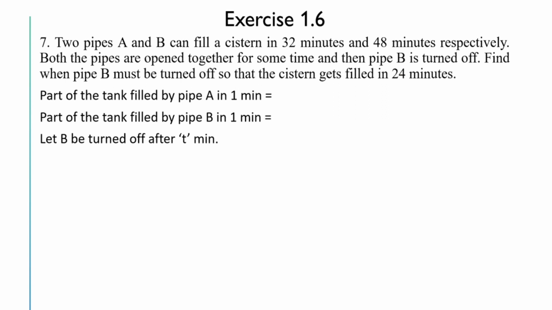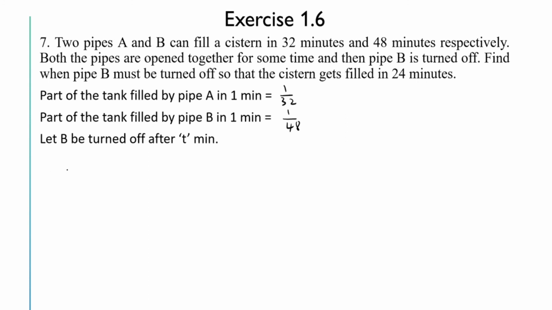So we have the part of the tank filled by pipe A in 1 minute is 1 by 32. Part of the tank filled by pipe B in 1 minute is 1 by 48. Now let us consider let B be turned off after T minutes. So for the first T minutes, both A and B were turned on.